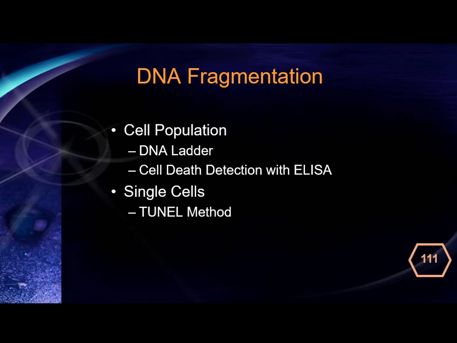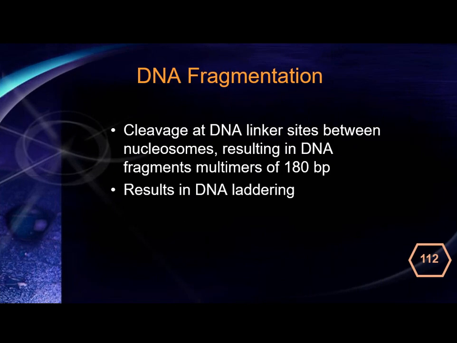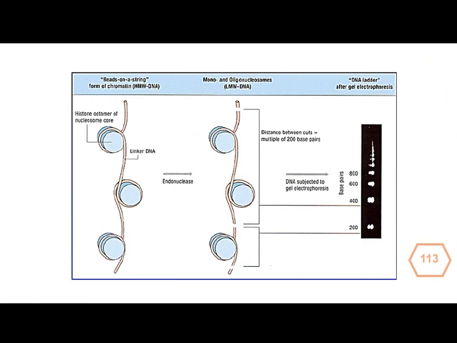So we can assay apoptotic cells by looking at the phenotype of the DNA, looking at the DNA ladder or the TUNEL assay. So let's look at the DNA fragmentation, because apoptosis will activate protease.